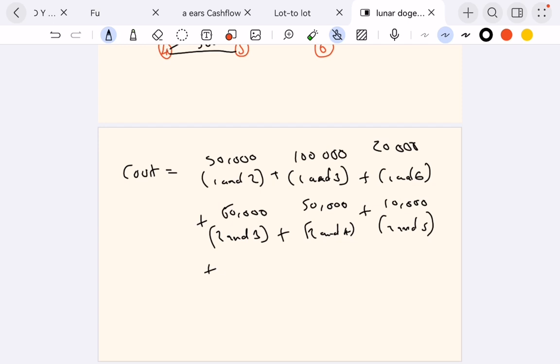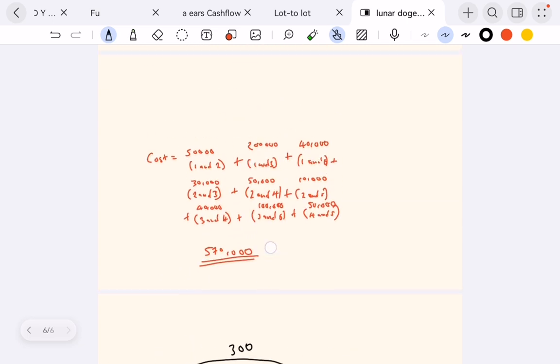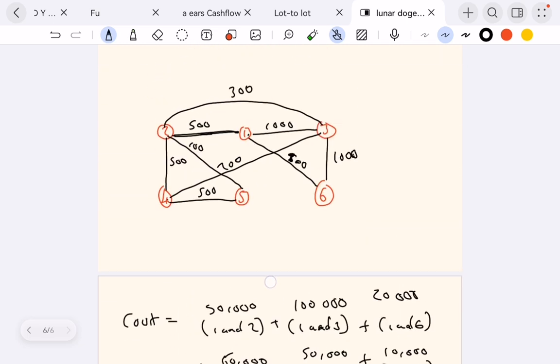Plus we have 3 and 4. How much is 3 and 4? But 3 and 4, it's like you're crossing department there. So 200 times 200, 40,000 here.